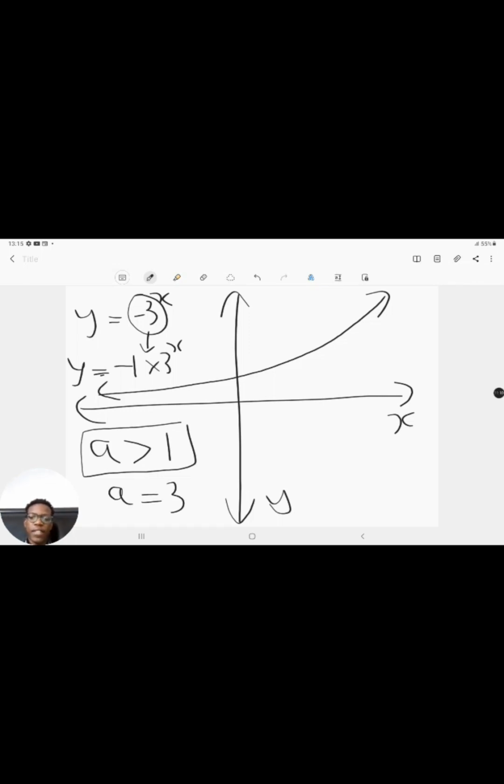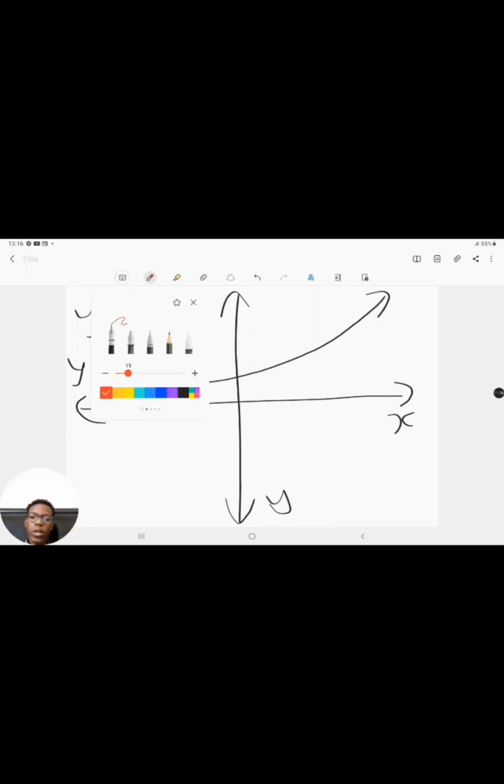The negative is the negative 1 that you multiply by the 3 to the power of x. So how would this graph look if you had to sketch it? Well, you know that if it's negative 1 times 3 to the power of x, your graph will pass through negative 1 there.